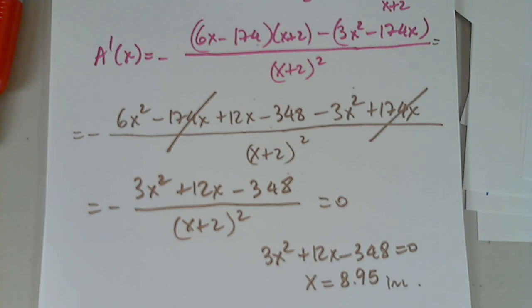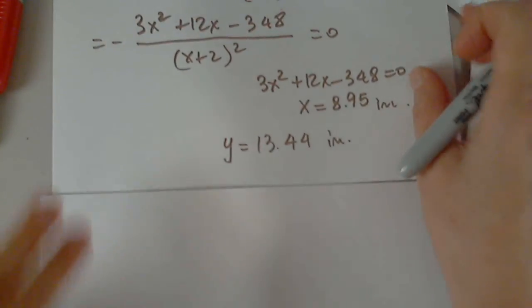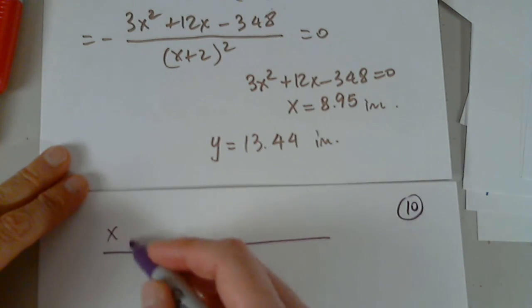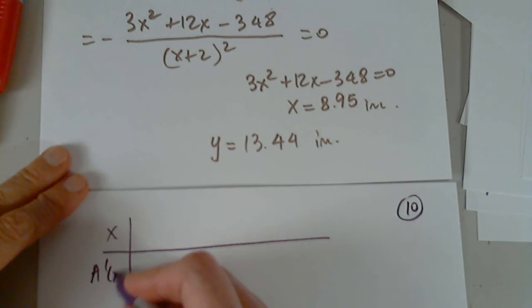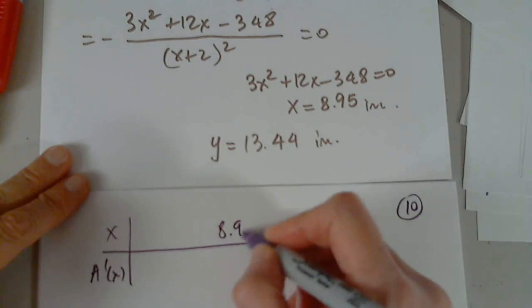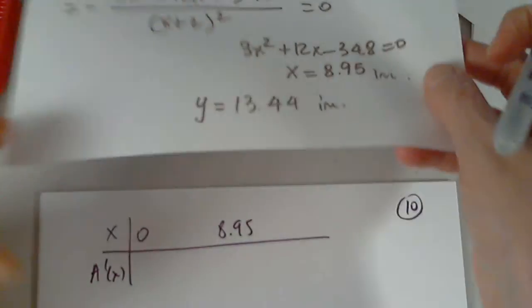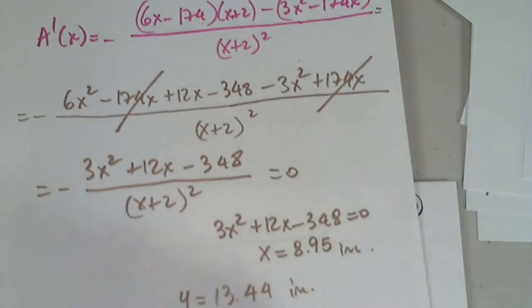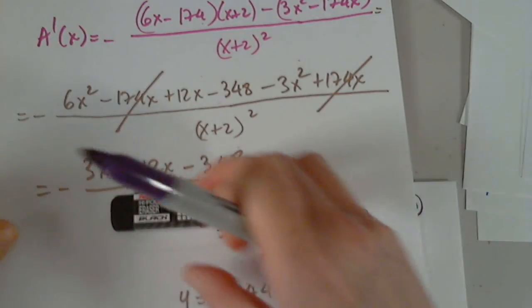You should not trust that this gives a max or a min. You'll have to say, well, show me, and I will show you. I will only need to create this table with 8.95 inside and 0 here, of course. The denominator is always positive. I will not plug in anything. I will not waste my time.